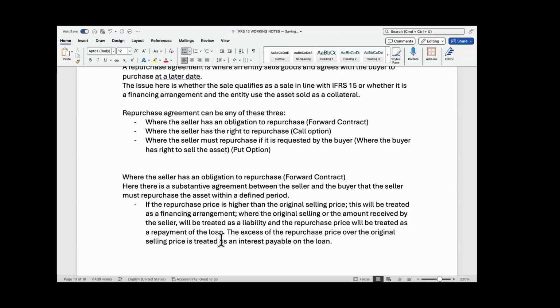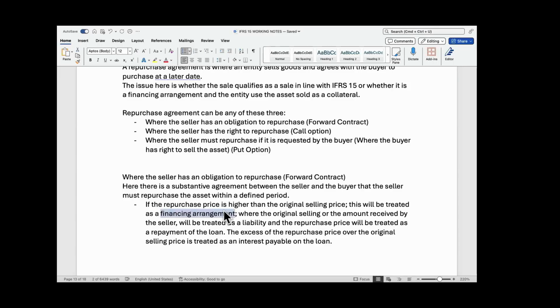This helps me to never forget this one: if you're repurchasing it at a price higher than the original selling price, the amount you sold it for, then we'll treat it as a financing arrangement.